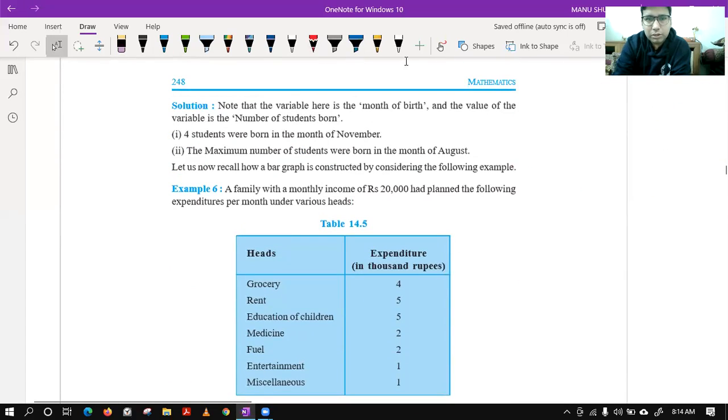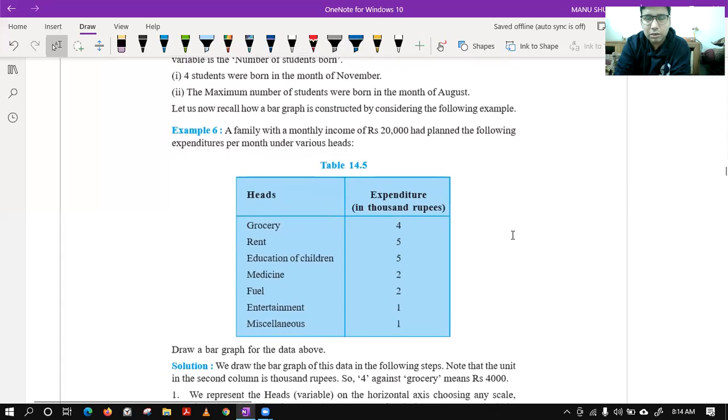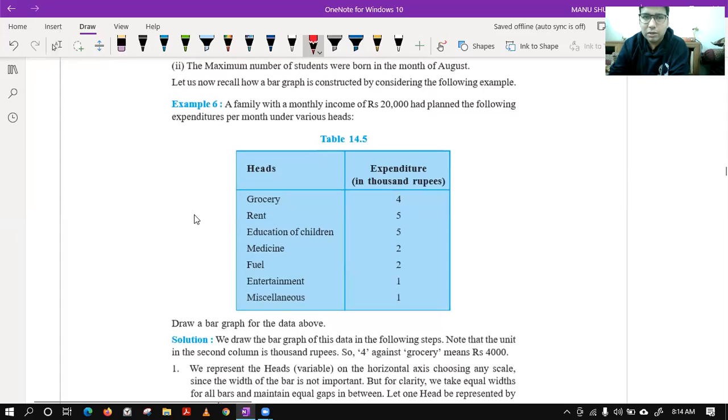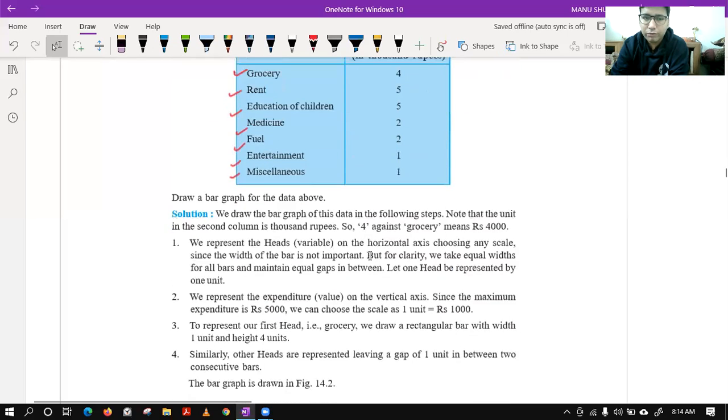Let's see one more example. A family with monthly income of rupees 20,000 had planned the following expenditures per month under various heads. So again you have some heads in front of you but no class intervals. Grocery expenditure is 4,000 rupees, rent expenditure is 5,000 rupees. In that way you can again go for a bar graph for this data.